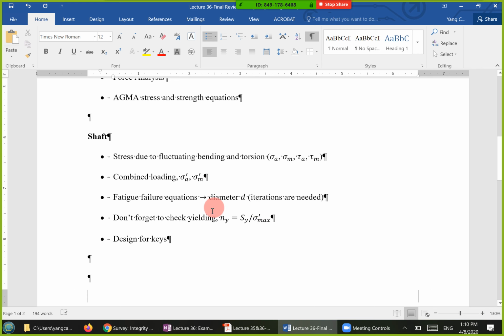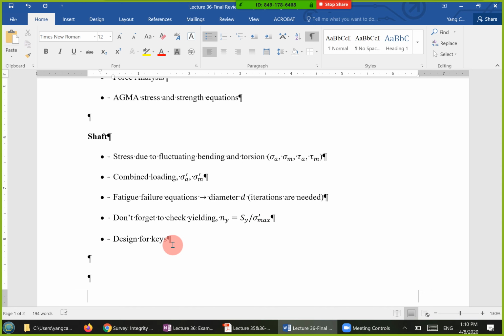But besides the design criteria for fatigue, there's one more step when you design a shaft, which is that you should also check the static yielding condition. Part of the shaft design is also designing the key. The key acts as a mechanical fuse.